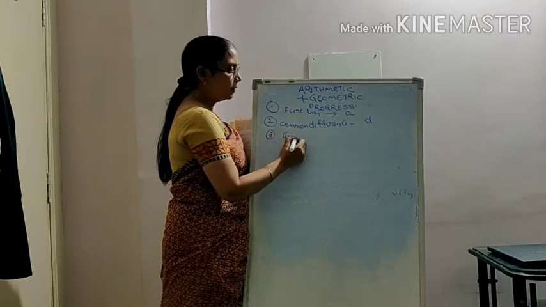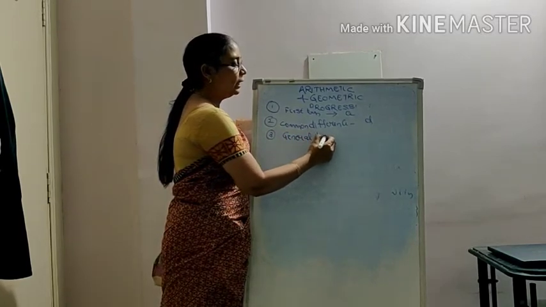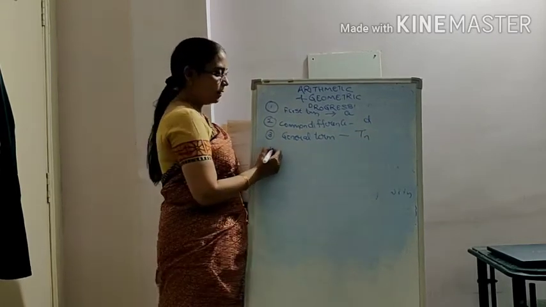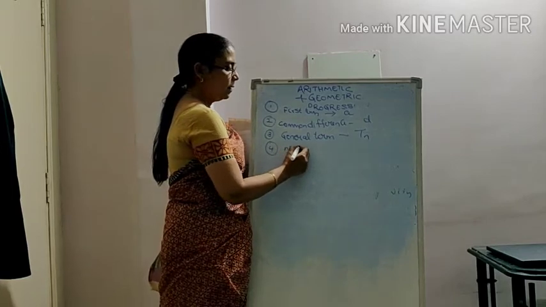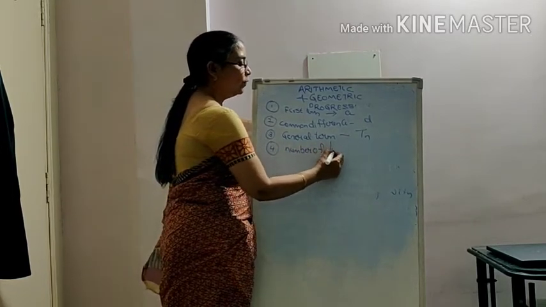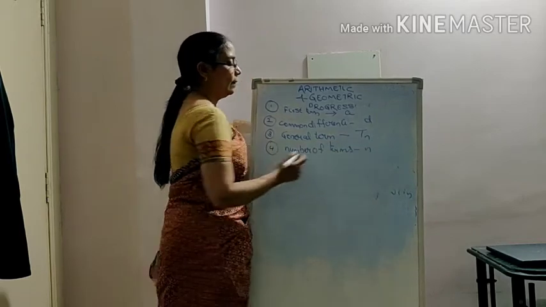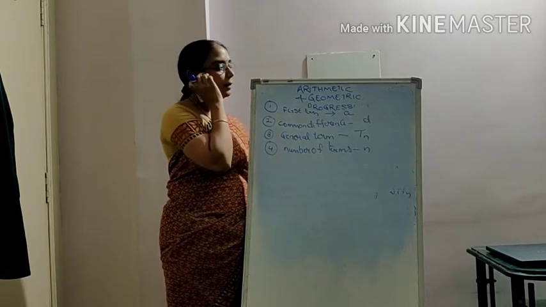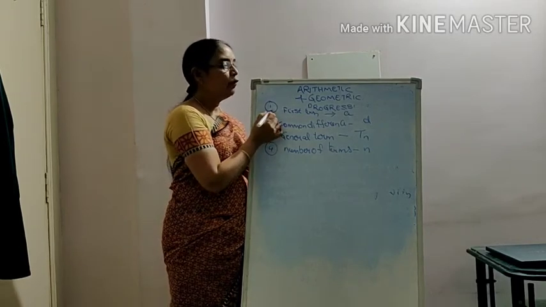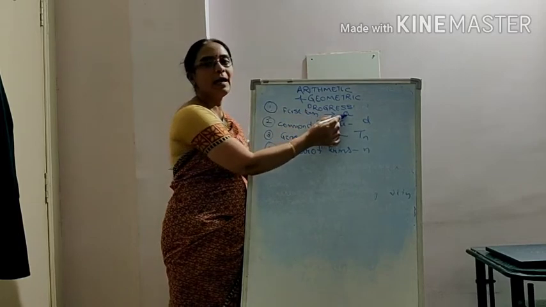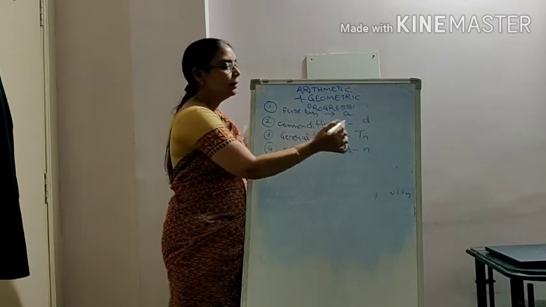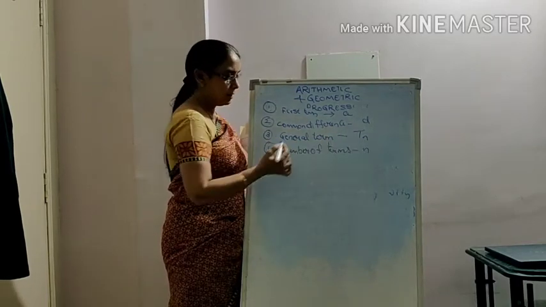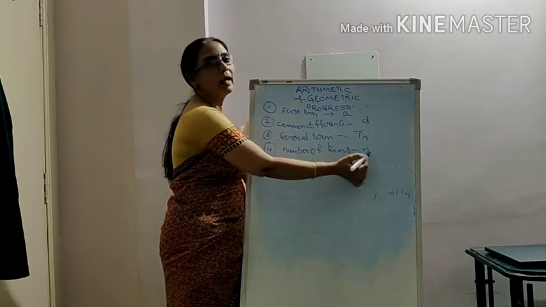Then we have the general term, which we are going to denote by Tn, and the number of terms by n. So these are the representations we are going to use throughout arithmetic progression. First term represented by A, common difference represented by d, general term Tn, number of terms n.